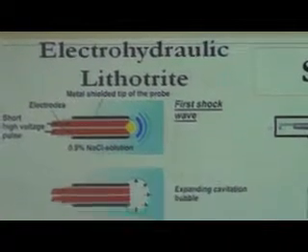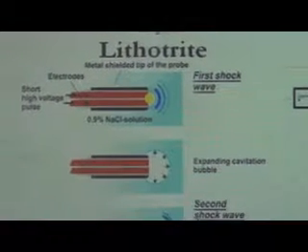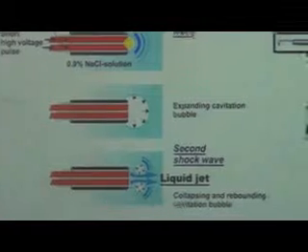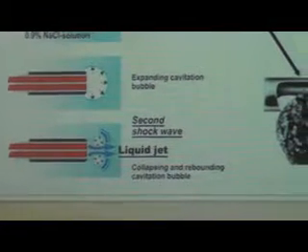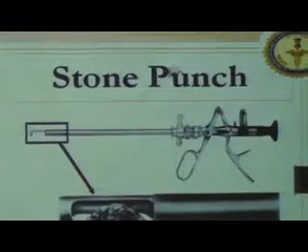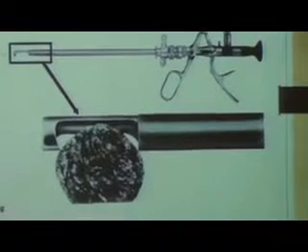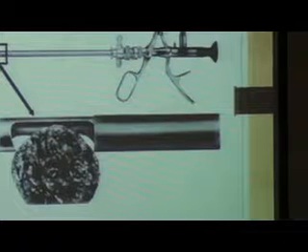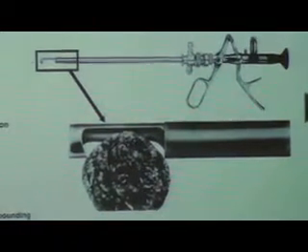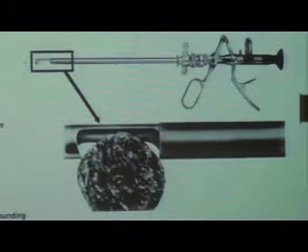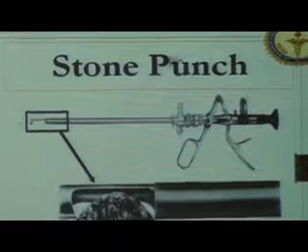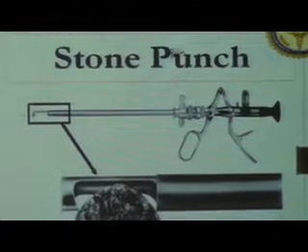After the subsequent shock wave, this expanding cavitation bubble will collapse or get reformed. The expansion, collapse as well as reforming of this cavitation bubble will cause the fragmentation of the urinary bladder stone. So this is the pathophysiology of how electrohydraulic lithotripsy works to remove the urinary bladder stone.